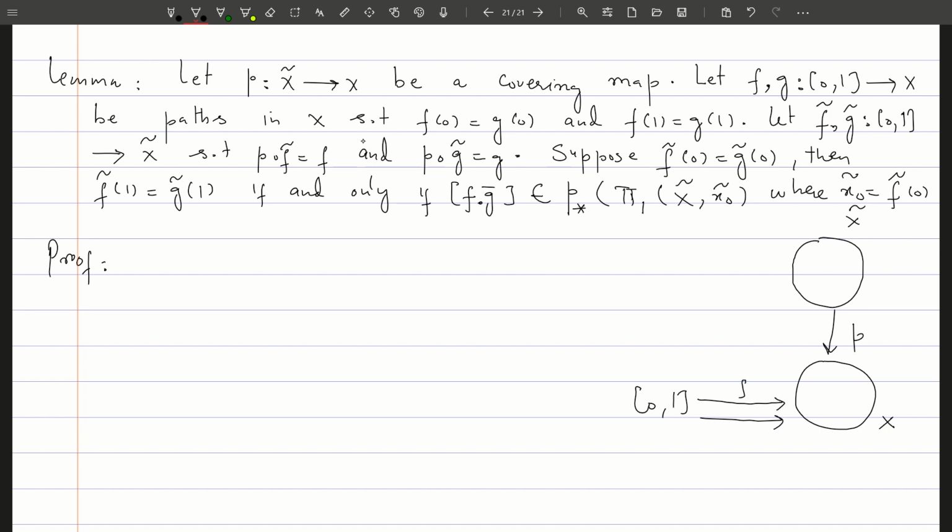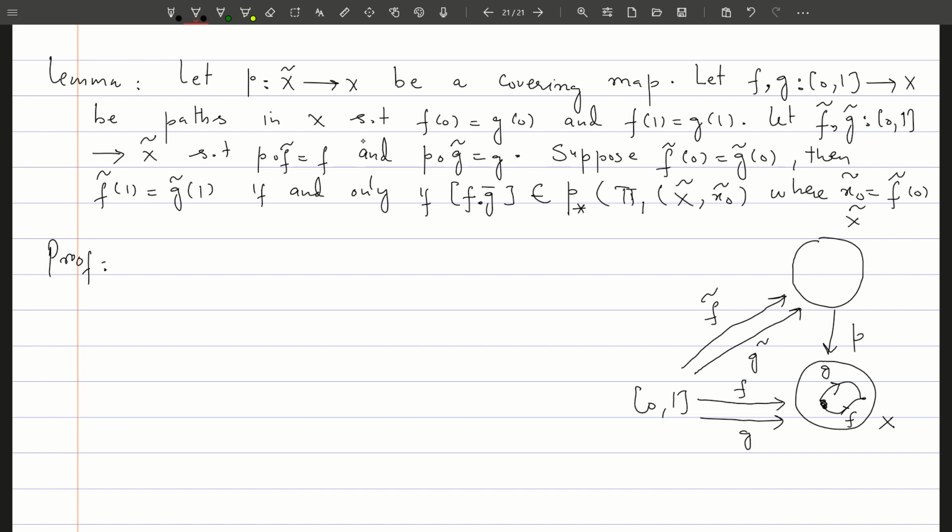One is f and the other is g. So this is f and this is g, and f tilde and g tilde are the lifts of f and g respectively.